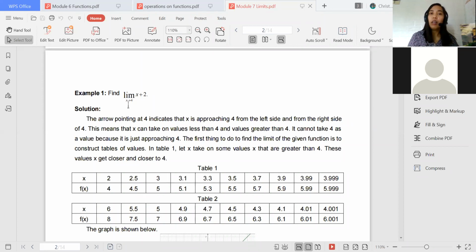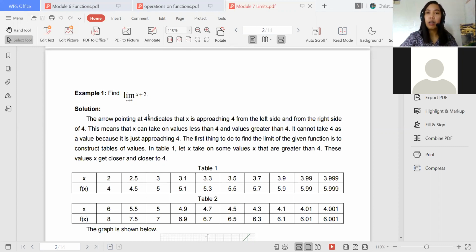So the arrow pointing at 4 indicates that x is approaching 4. When we say approaching 4, it doesn't mean that x equals 4. Papalapit lang. Okay? That x is approaching 4 from the left side and from the right side of 4. What are the numbers on the left side of 4? Ibig sabihin yung mga value na lumiliit: 4, 3, 2, 1, kasama ang rational, irrational numbers.